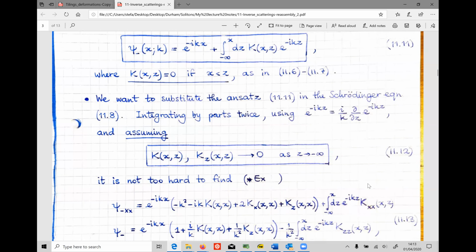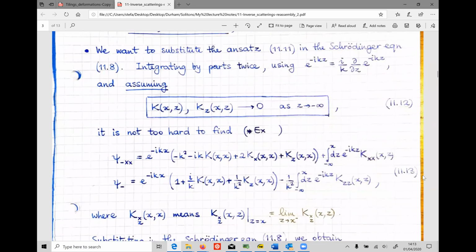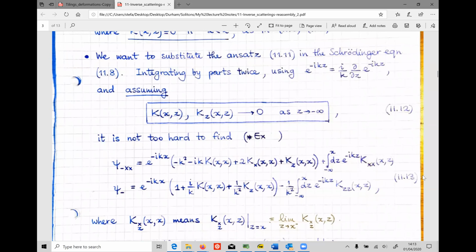Okay, so when you do that, it's not too difficult to find the expression for psi minus and its second x derivative in equation 11.13. The details are not too important here.